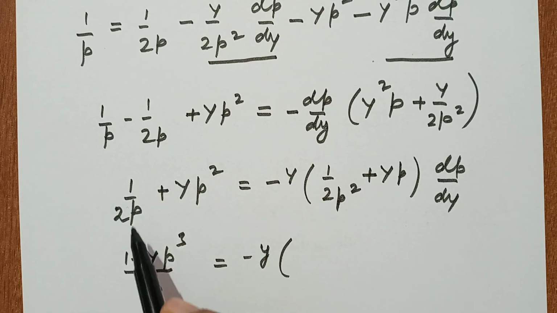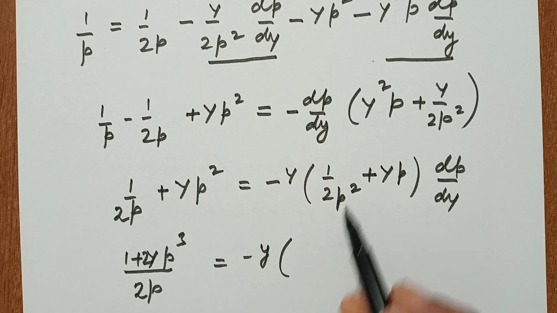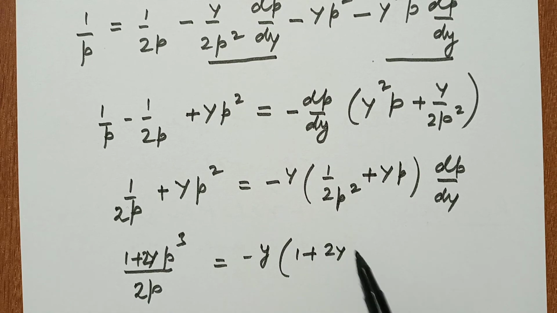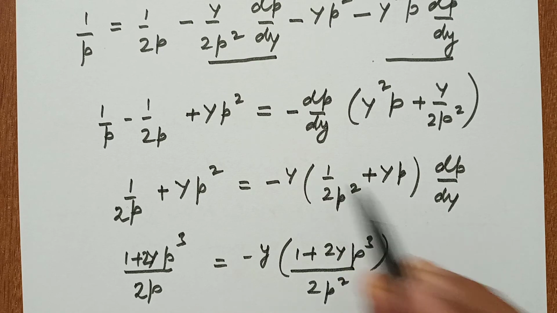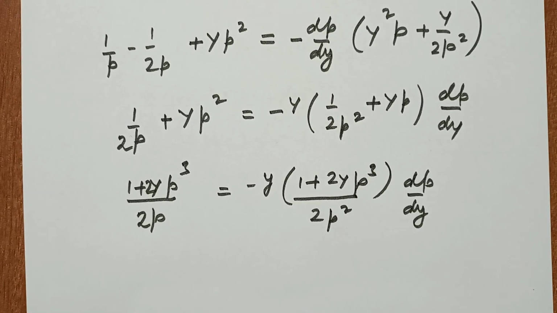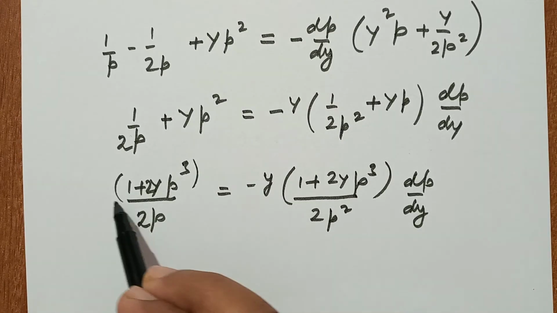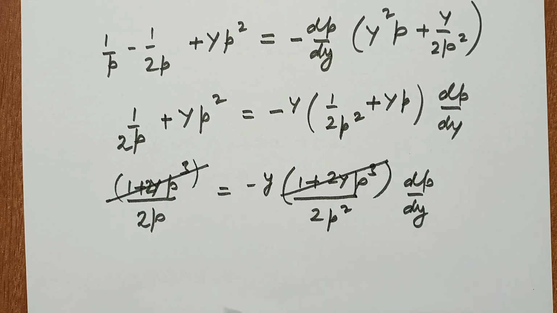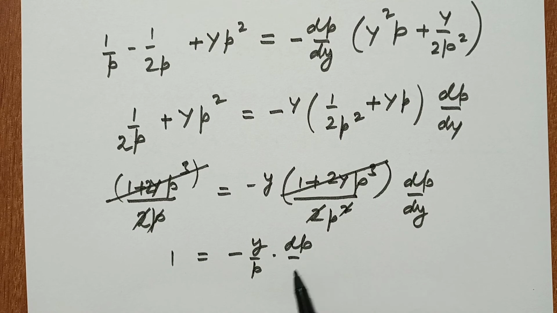So (1 + 2yp³)/(2p) = -(y (1 + 2yp³)/(2p²)) dp/dy. Here 1 + 2yp³ cancels, 2 cancels, p and p cancel. Okay, 1 = -(y/p) dp/dy.